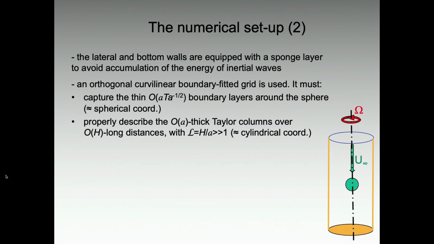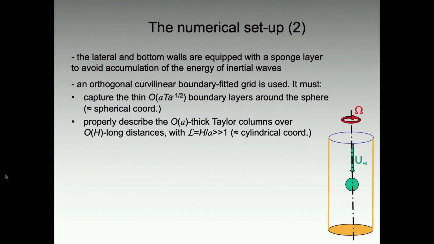If you don't do anything, your computation will blow up. So to avoid that, you have to use some trick, and the trick we use is the so-called sponge layer technique. That is, we absorb the energy on the lateral wall of the domain and on the bottom end wall.